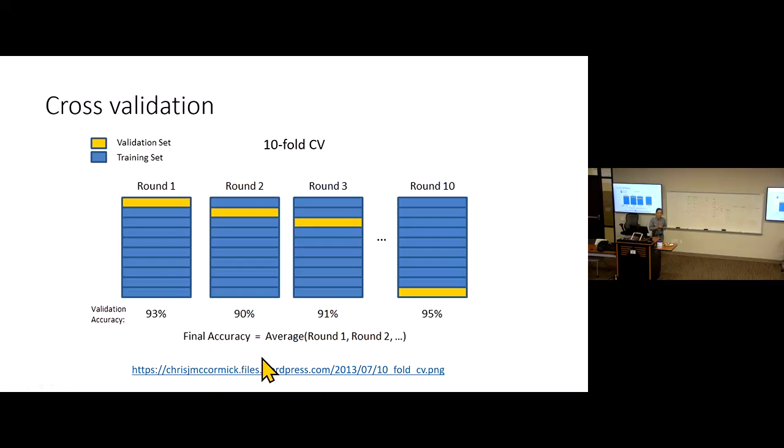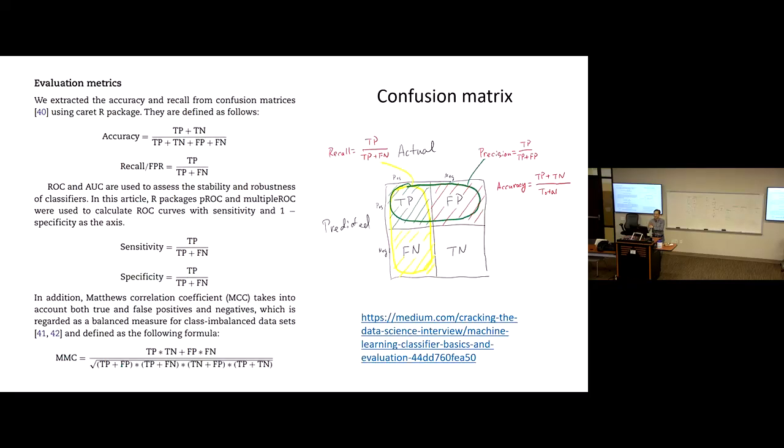Then you claim, I tested my classifier using tenfold cross-validation, and I get an average final accuracy of 92%, something like that, because you average your 10 runs. Okay? Understand the procedure? So you need good training data. You have a lot, then separate them into a validation set and a training set.